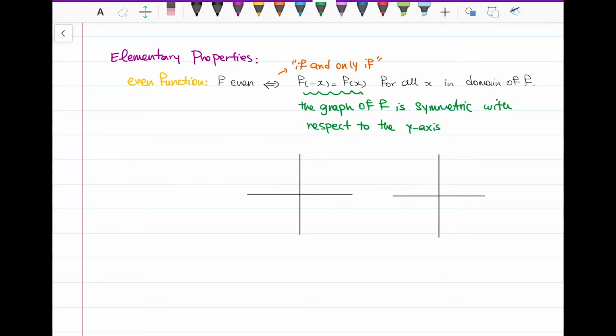One, this is y-axis, x-axis, and for example, y equals x squared. As you see, this function is symmetric with respect to the y-axis. For example, at the point negative 2, we get 4. And also at the point 2, we get 4. So f of negative 2 is equal to f of 2.